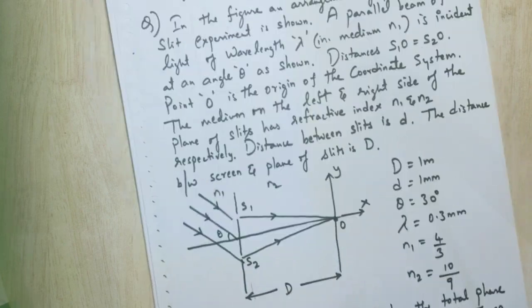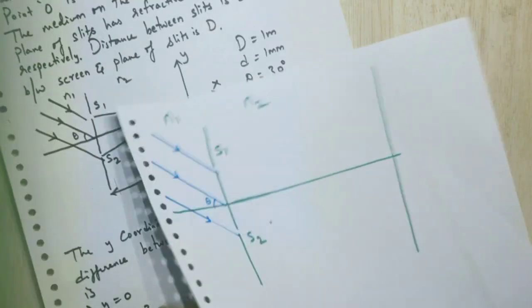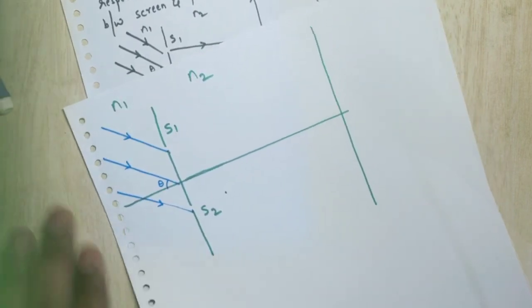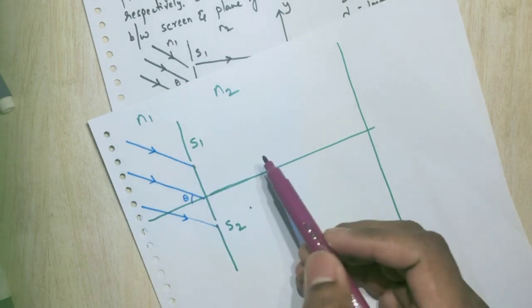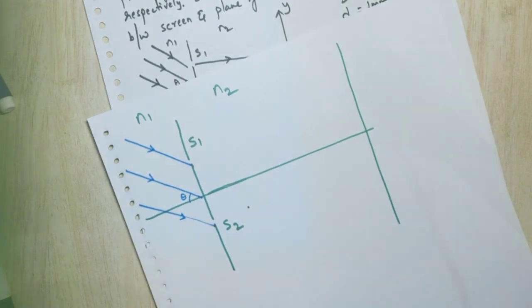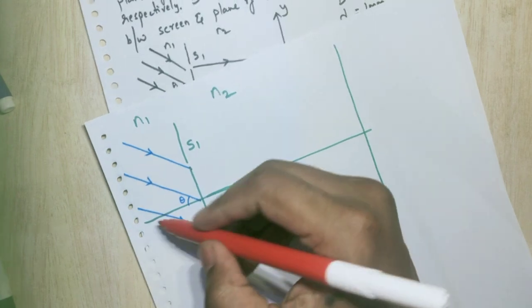So first of all, I have drawn this figure again. If you look at this diagram, these are the incident rays. Here let me draw a perpendicular line to the incident rays in this fashion.